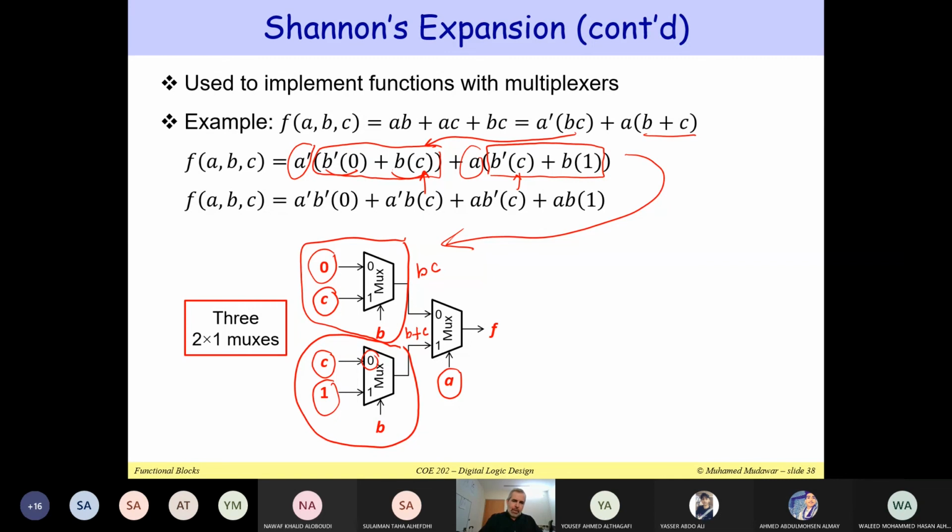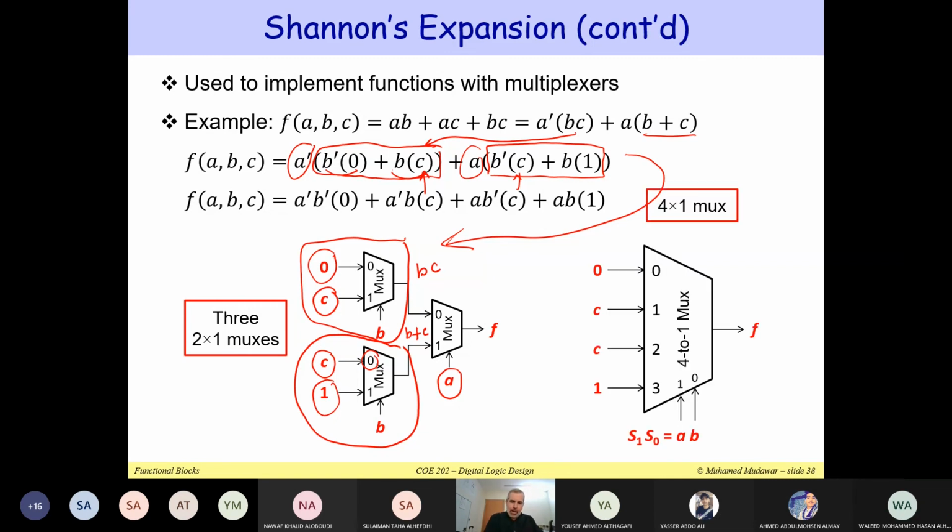But we can also implement it using a 4-by-1 multiplexer. This is another implementation. I'm connecting AB here, so I have two select inputs, A and B. So we can use this expression. So when AB equal to 0, 0, we get the input 0. So this is connected here to input 0.